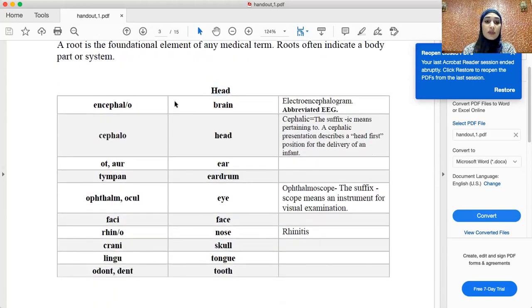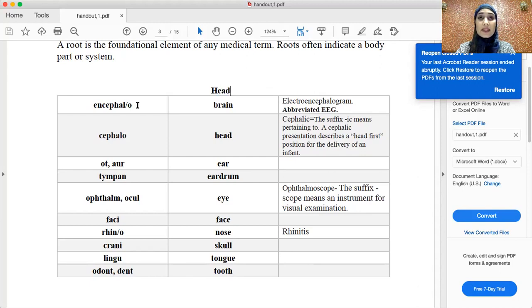So for the head, we have encephalo, meaning brain, like electroencephalogram. We have cephalo, referring to the head, like cephalic. When we say cephalic, the suffix ic means pertaining to.